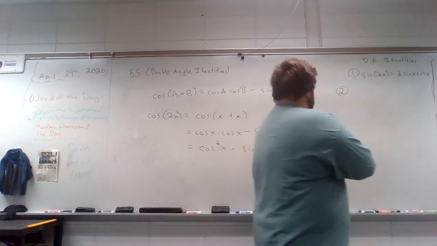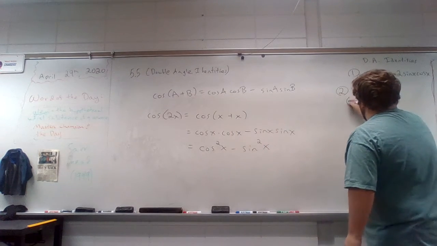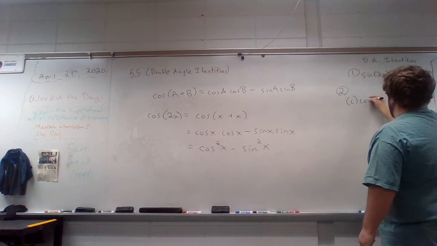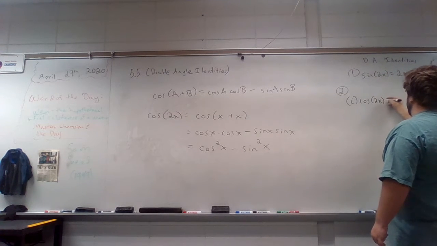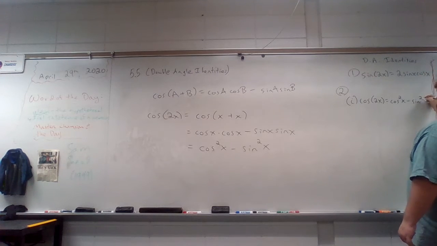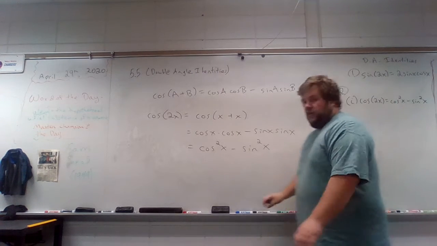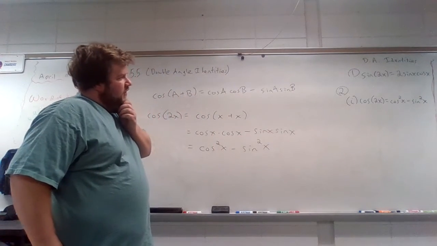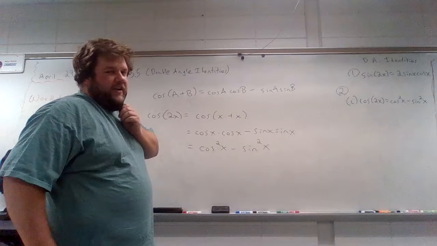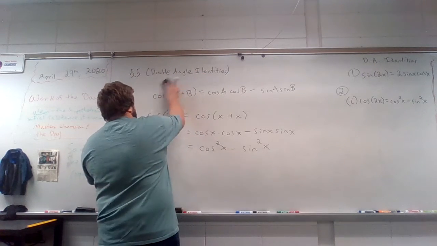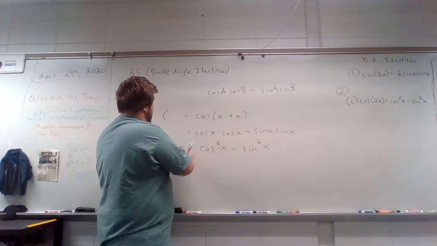But this first version, I'm going to write as 2 and then 1: the cosine of 2x is cosine squared x minus sine squared x. If you were going to remember a version of it, I would remember that one. So cosine 2x equals cosine squared minus sine squared. Those two identities right there, you do want to know for calculus.